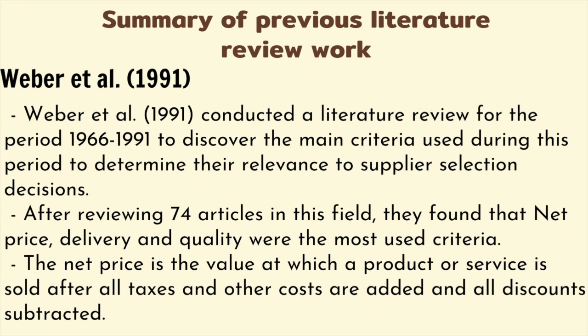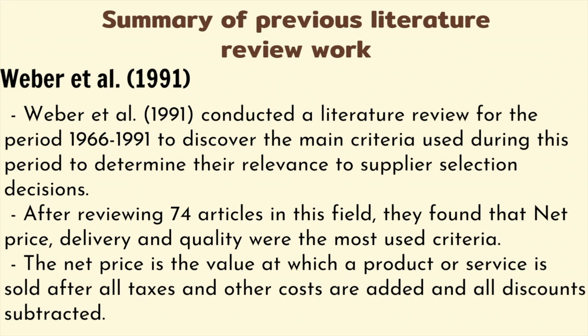The first case we cover is the one by Weber and others in 1991. They conducted a literature review for the period of 1966 to 1991 to discover the main criteria used during this period and determine their relevance to supplier selection decisions.